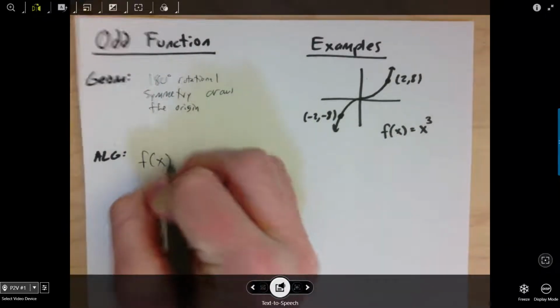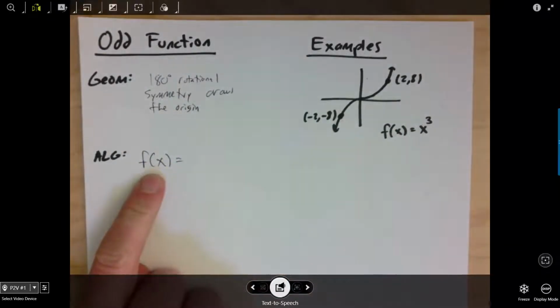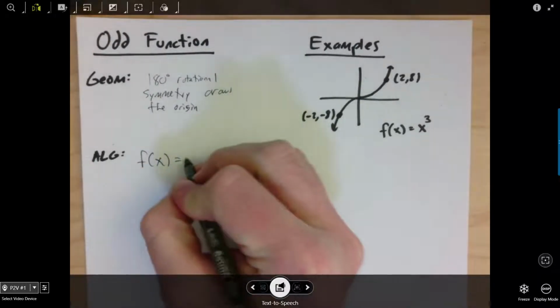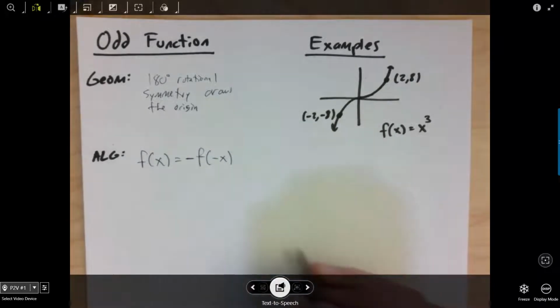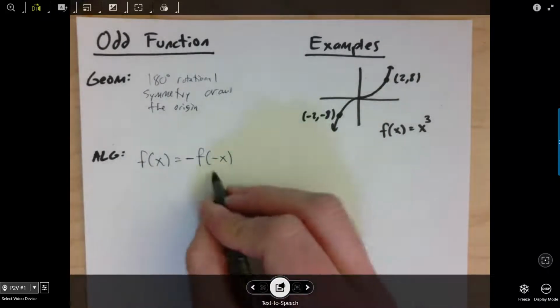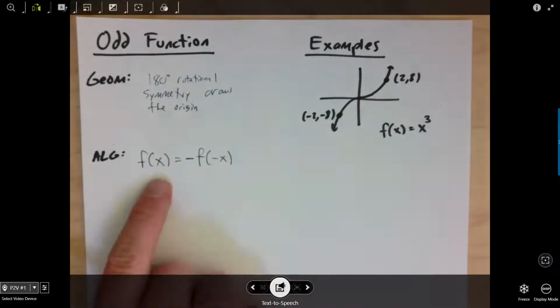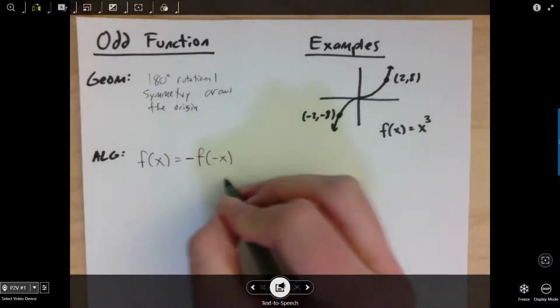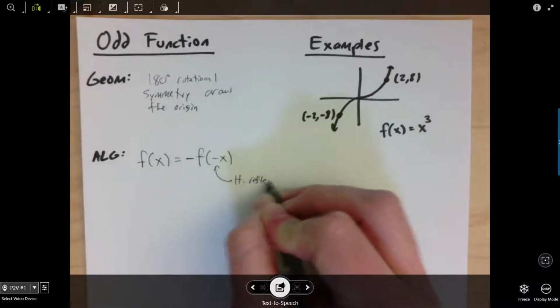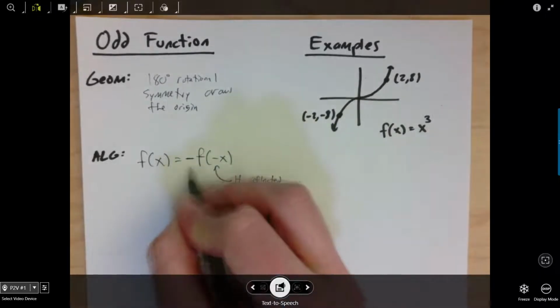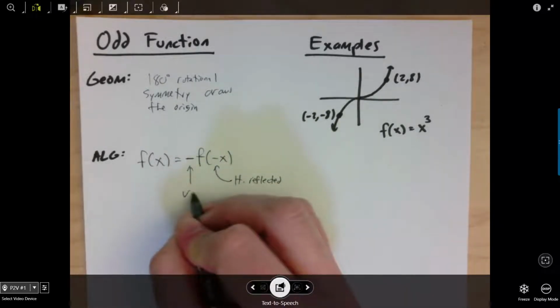Algebraically, that's saying that the original untransformed function is the same as the opposite of f of the opposite of x. And you should think about what this means in terms of transformations for a minute. It means the untransformed one is the same as one that has been horizontally reflected and also vertically reflected.